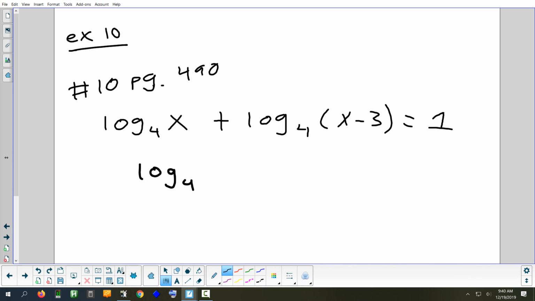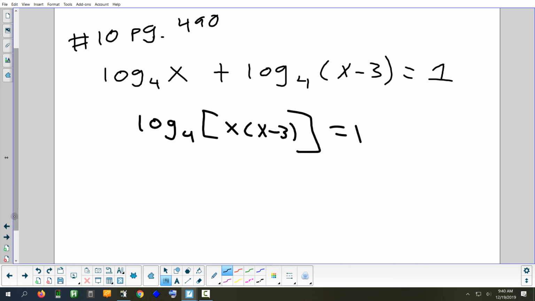Now, there are two rules for combining. You either multiply or you divide. This one is addition. So with addition, combining them, what operation do you use? Multiplication. Right. So it's going to be x times x minus 3. Now, that x times x minus 3, I put it in brackets because that's all the argument, the whole thing.